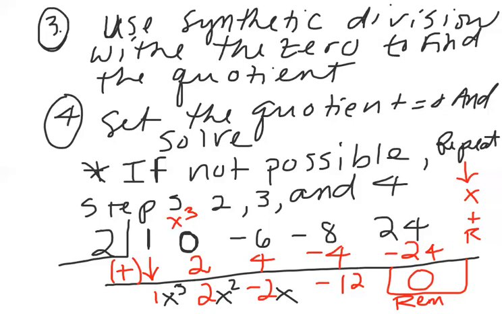So what I'm going to do is erase this so I can go to the next step. All right, guys. So our quotient turned out to be x cubed plus 2x squared, and then minus 2x minus 12. Now remember, the next step says set it equal to 0 and try to solve this.